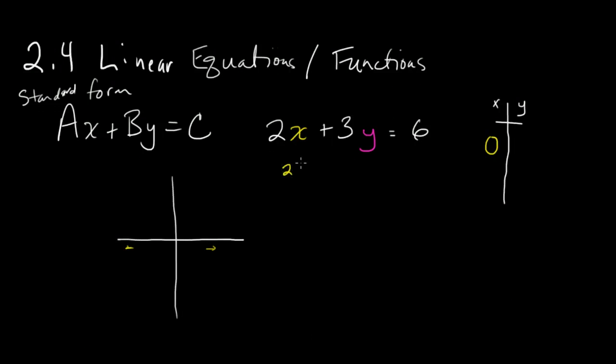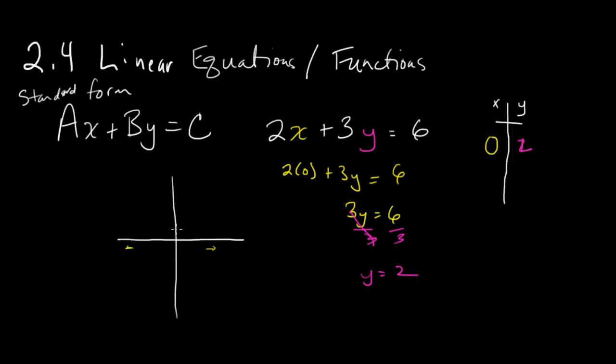So we'll say 2 times 0 plus 3 times y is equal to 6, or 3 times y is equal to 6. So in this instance, y would be 2, because I divide both sides by 3, cancel, and I would get y is equal to 2.